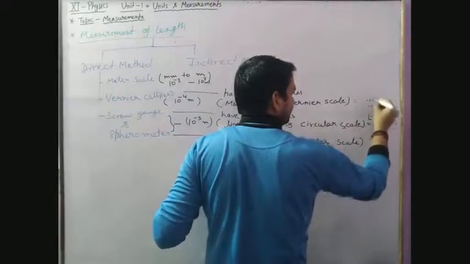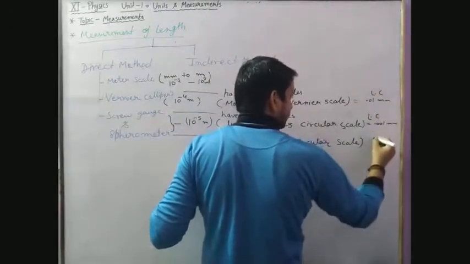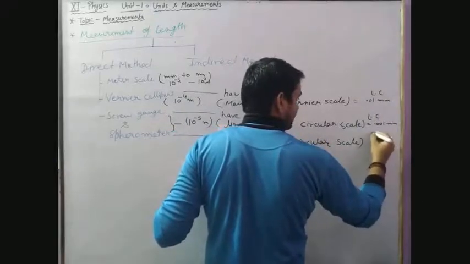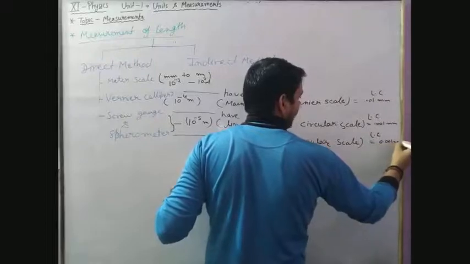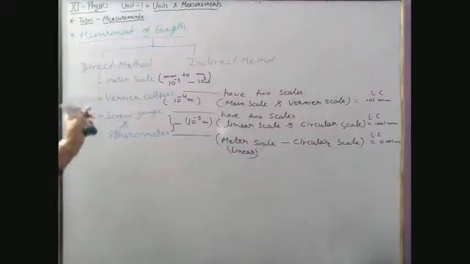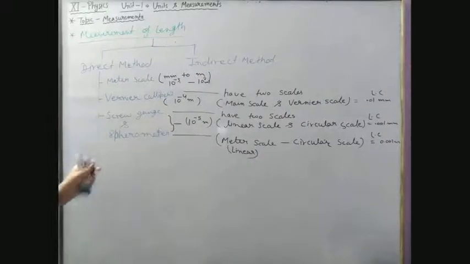This is the least count. The least count of the spherometer is also 0.001 mm. These are the least counts and the kinds of measurement.